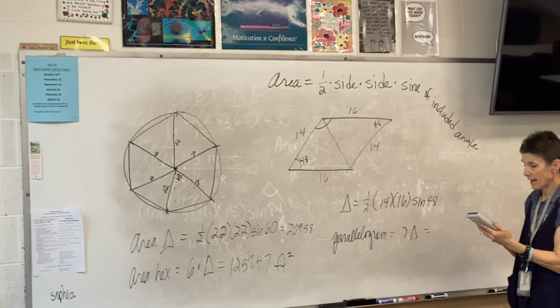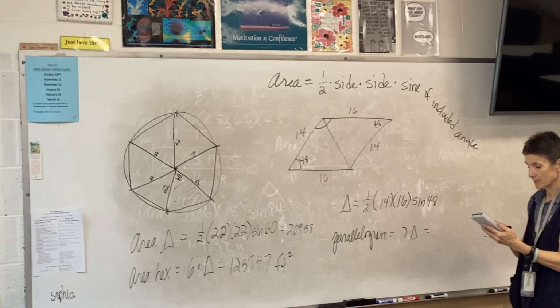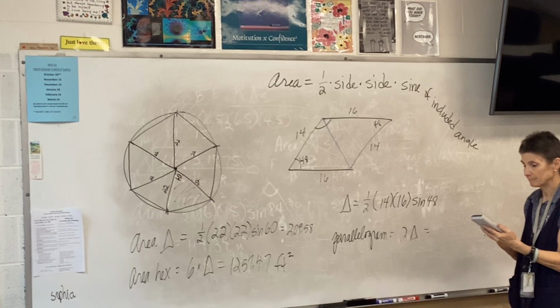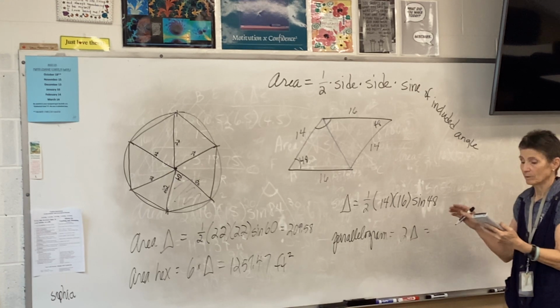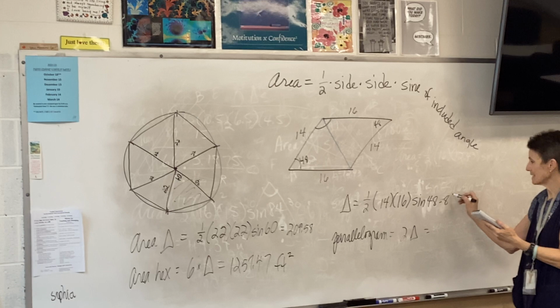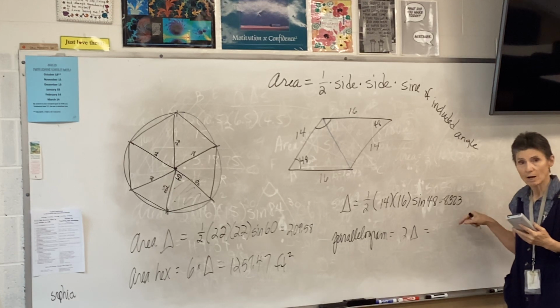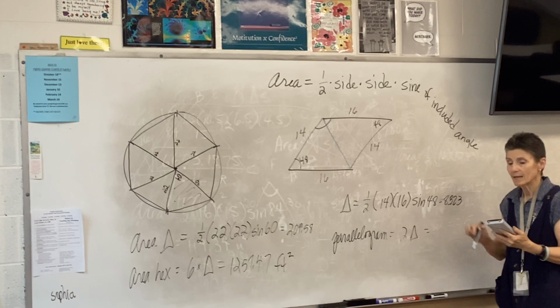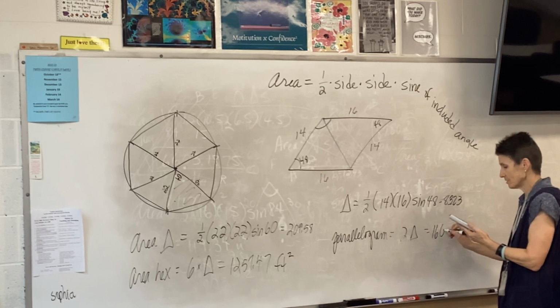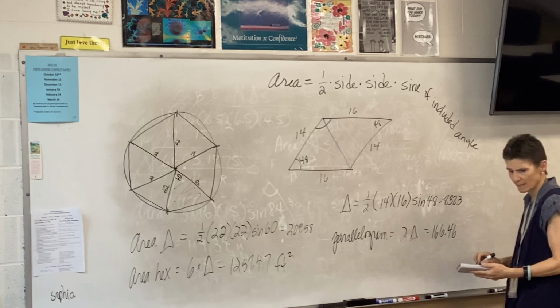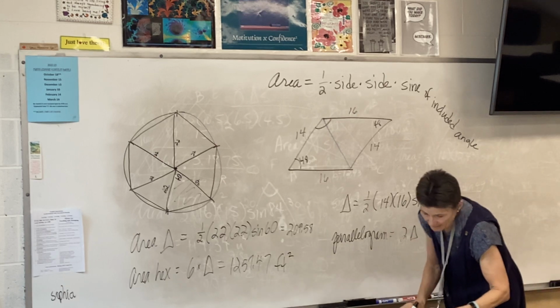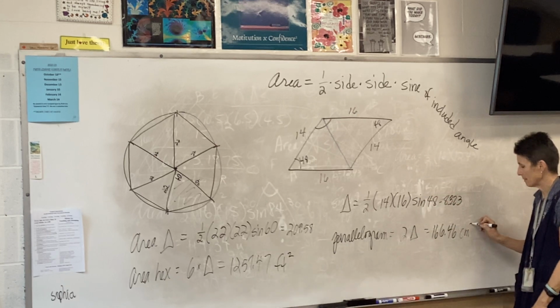So 1/2 times 14 times 16 times sine 48. Now, I'll go ahead and write that down, but I don't need to. That's the area of the triangle. I'm going to hit times 2, and there's my answer: 166.46 centimeters squared, so square centimeters.